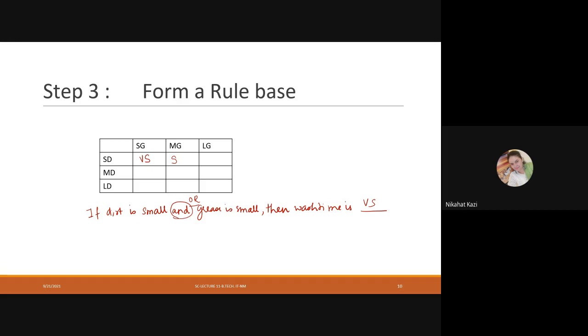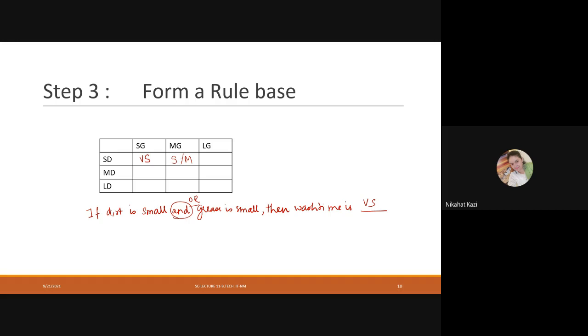Comparing dirt versus grease, grease will be more difficult to remove. So since the grease amount is medium, it has jumped considerably. I can make this, instead of short, medium wash time. Very short, short, medium wash time.